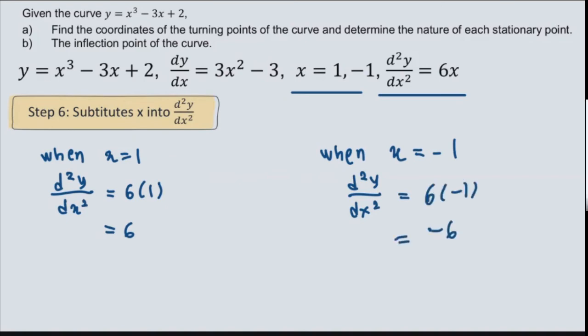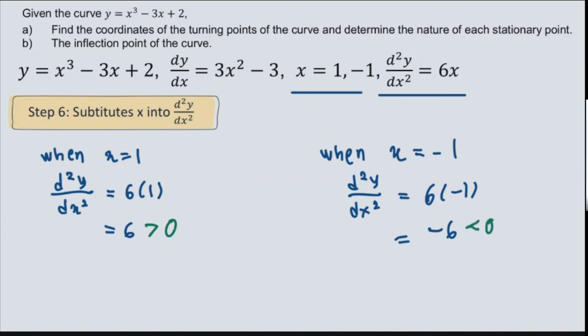Okay, so from here, we need to know, is 6 greater than 0 or less than 0? Greater than 0. Okay, how about negative 6? Less than 0.